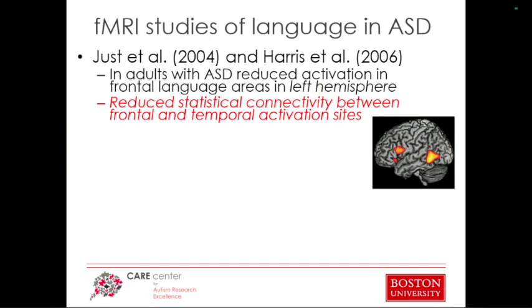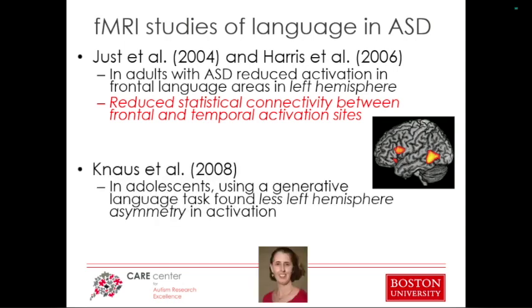And this is, let me point out, in adults who have intact language, okay? They don't have problems with the linguistic code, but nevertheless, the way that the brains are processing language is showing some differences. And then in adolescence, we used a somewhat different task.